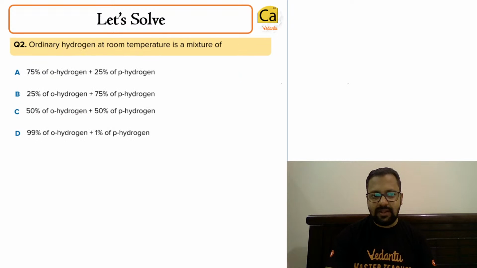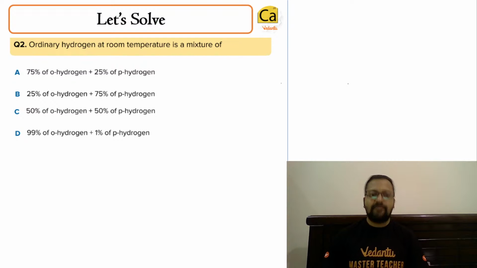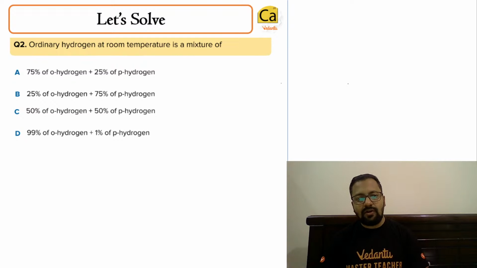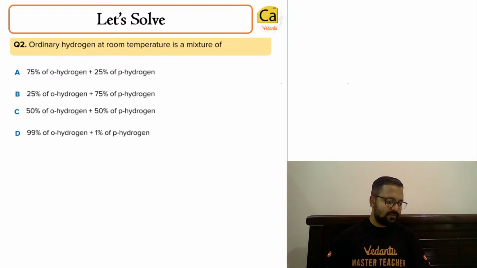Let's take the next question. Ordinary hydrogen at room temperature is a mixture of 75% ortho and 25% para, 25% ortho and 75% para, 50% ortho and 50% para, 99% ortho and 1% para hydrogen. What is the right answer?